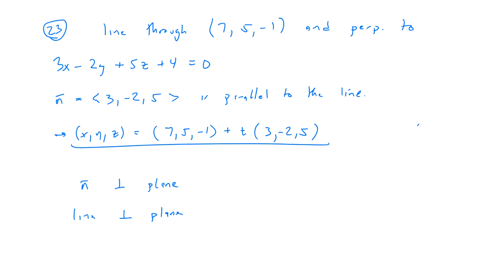What's always true is that the normal is always perpendicular to the plane. The line is also perpendicular to the plane, so I can't do it nicely here, but suppose this is the plane, and the normal vector might be here, and the line is supposed to be here. You can see they have to be parallel. It's harder to see that it couldn't go some other way with this two-dimensional picture, but if you do it with pencils, it should be pretty obvious that the line and the normal vector need to be parallel.